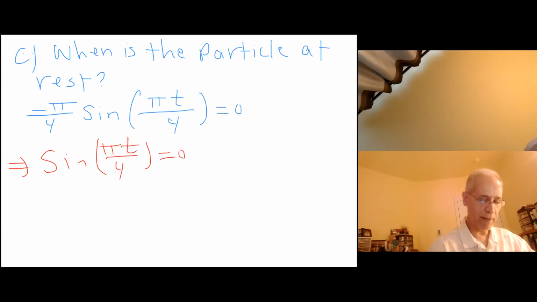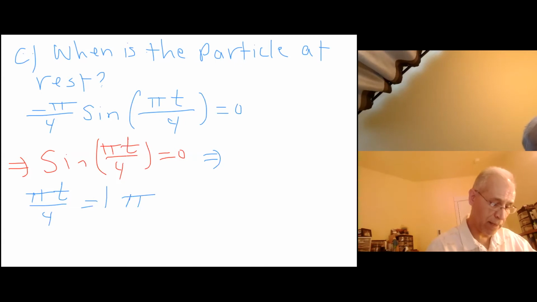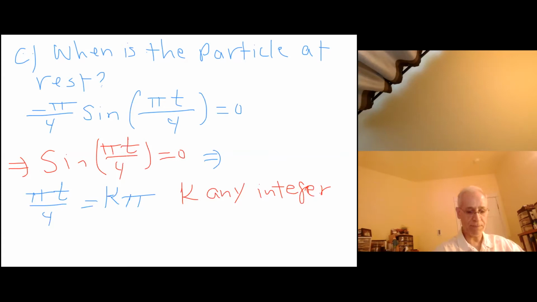And what does that mean? That means that, so this is my theta, pi t over 4 is my theta. So pi t over 4 is 0 at pi and every multiple of pi. So I'm going to put here k pi, and I'm going to say k any integer. k could be 0, 1, negative 1, any of them.